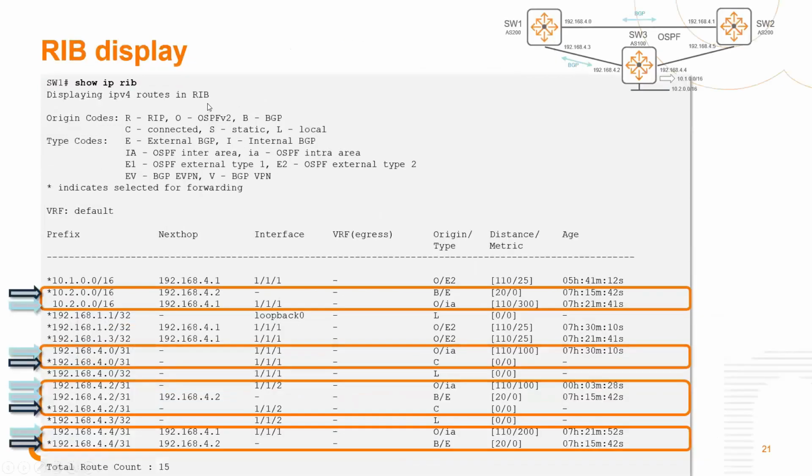So the RIB display here. As I mentioned, let's take a little example on the top right here. What I'd like is to make sure that I've got routes that are learned on a given switch with 2 different protocols, so that I can see that there is one route that will be selected and one route that is not selected. So what I did is simple. Here on switch 3, I've got a subnet that is connected, right?